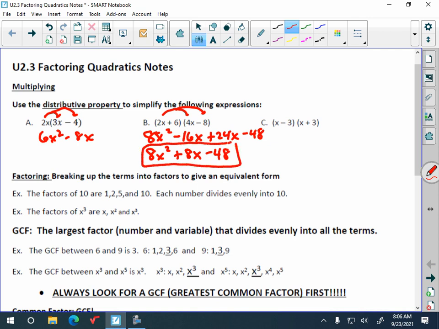All right, so again, we want to make sure that we're in descending order of the exponents after we combine like terms.